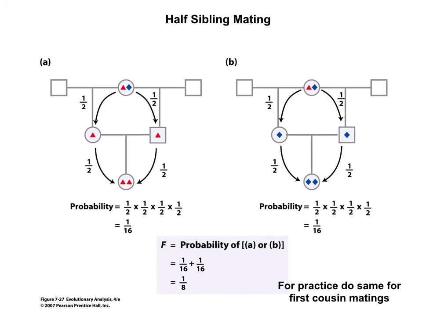If 1 in every 10,000 individuals carries that allele, then there's a very low probability that you're going to select a mate that also has that allele. So if you did, 1 in 10,000 chance, because you're both heterozygous individuals.